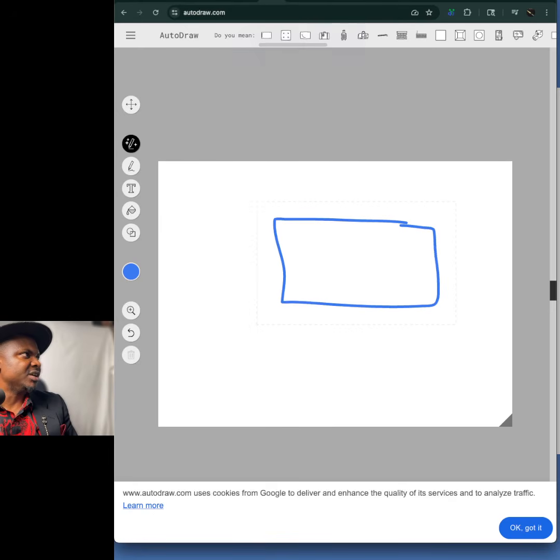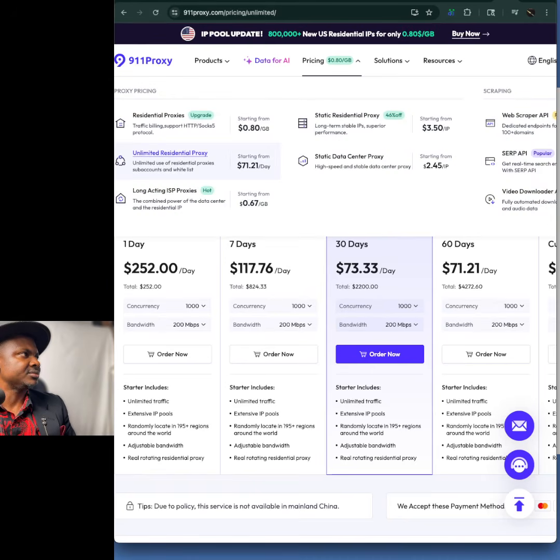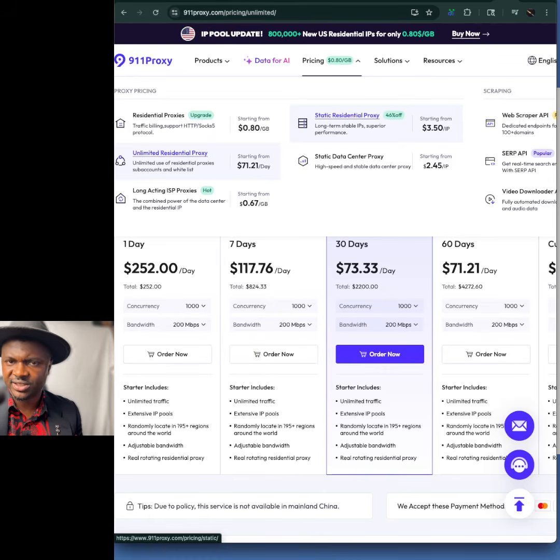Now, specifically, there are majorly three kinds of proxies. Majorly, we have the residential proxy. This is the kind of proxy you get from real users in real places. For instance, the IP you get when you use a Starlink is a residential proxy or residential IP. Now, we have the static. The static proxies are basically those of businesses.